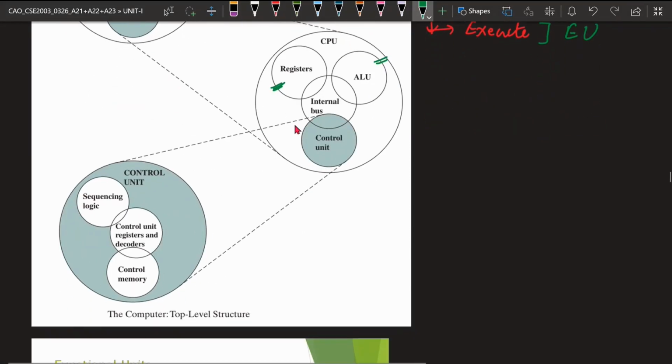If we go deeper into the control unit, it will have these components: sequencing logic, control unit registers, and decoders. Control memory is also there. These are the different components of a control unit.